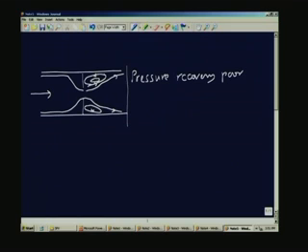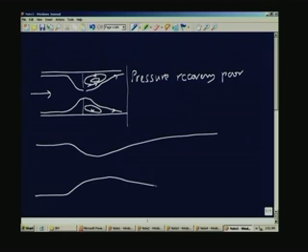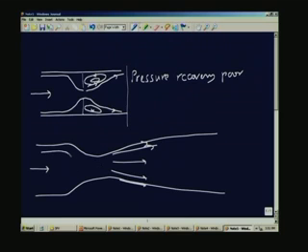This is because of the flow separation that is generated. If you take a look at a Venturi, this is a Venturi, there is no flow separation, it goes nicely like this, follows the contour.